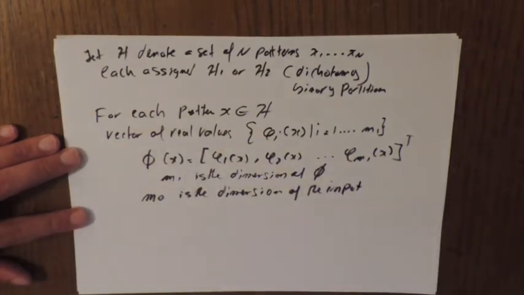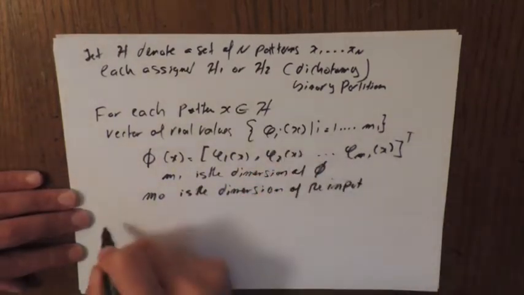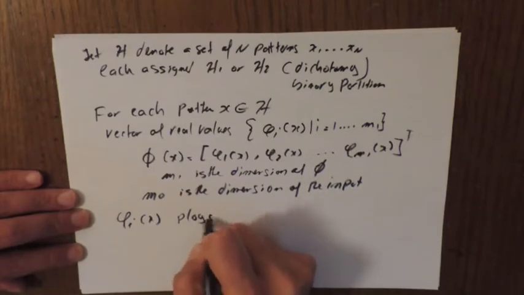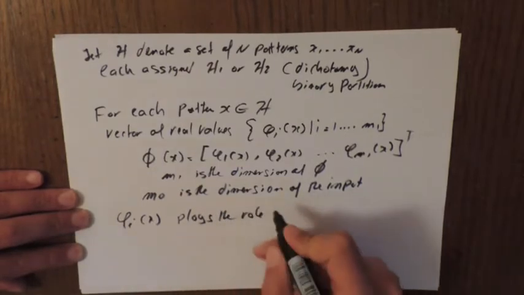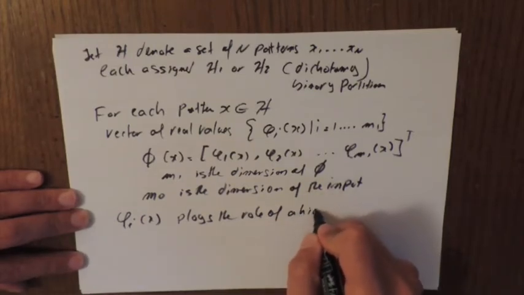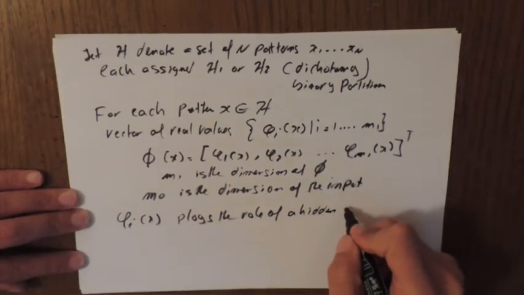Okay, so phi i of x plays the role of a hidden function, a hidden layer function.